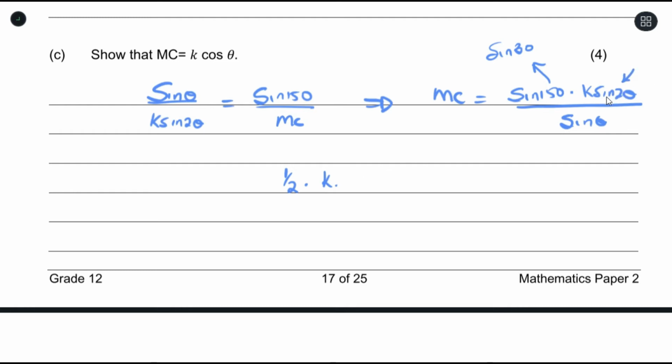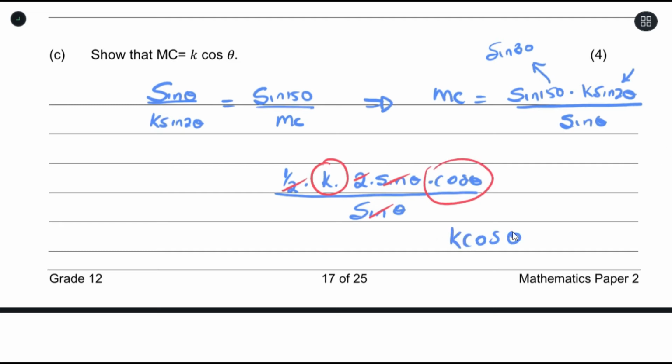So this can be rewritten as 2 sine theta cos theta. So this is 2 times sine theta cos theta, all this over sine theta. As you can see over here, sine theta can cancel sine theta out. This 2 here can cancel that 2 out. So all you're left with is this and that. And that's your answer, which is K cos theta, which is equal to MC. And as you can see, that's exactly what they wanted.